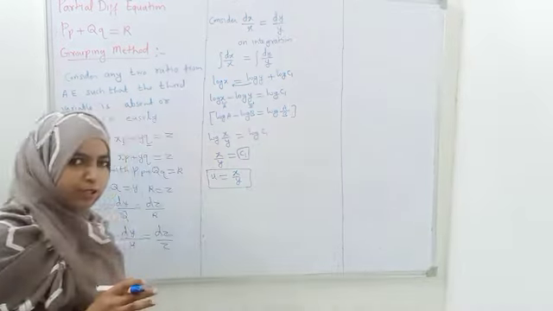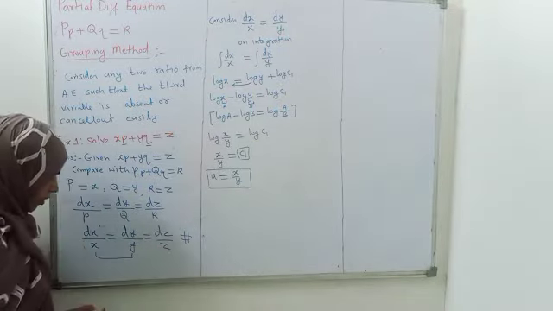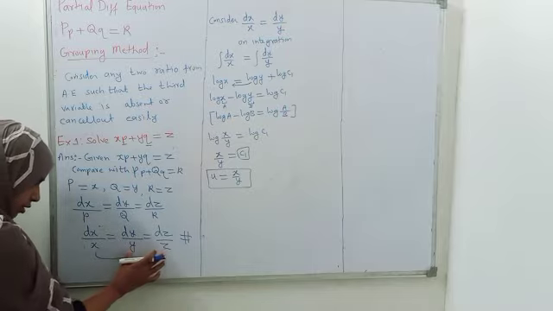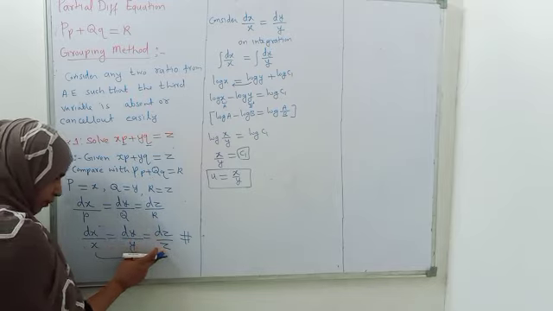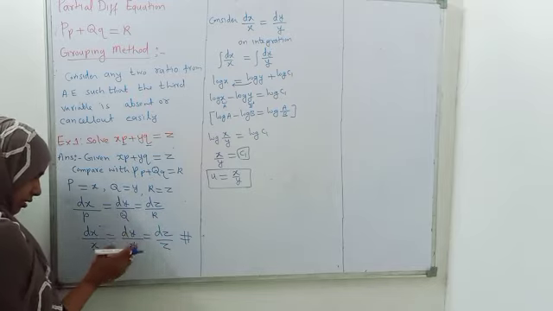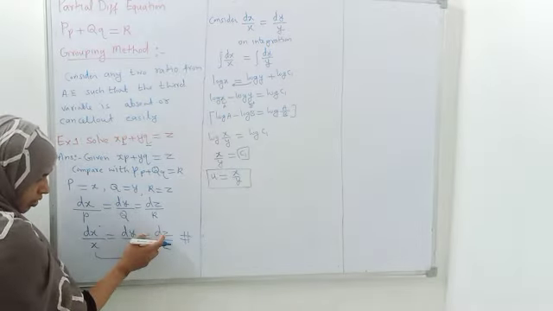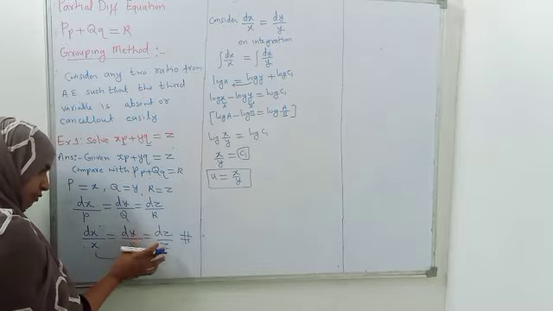In the same way, students, get back to the auxiliary equation and observe the other two ratios. For the second solution, I can consider dy by y is equal to dz by z, because dy means the denominator is y, and dz means the denominator is z. They are in variable separable form.